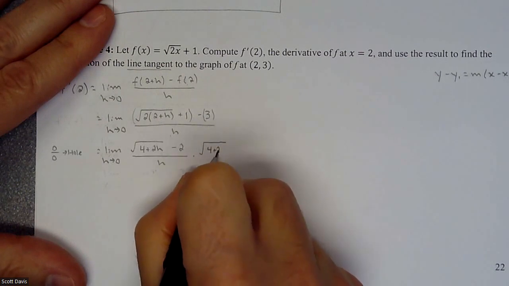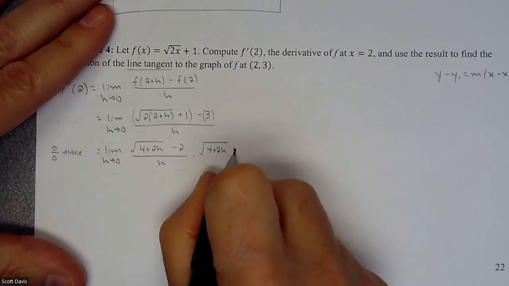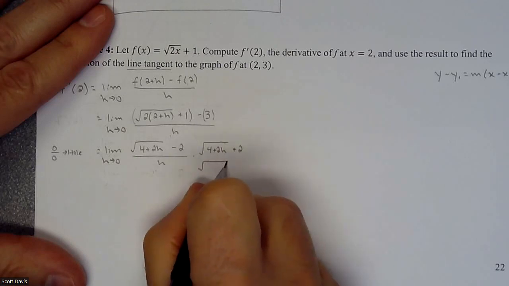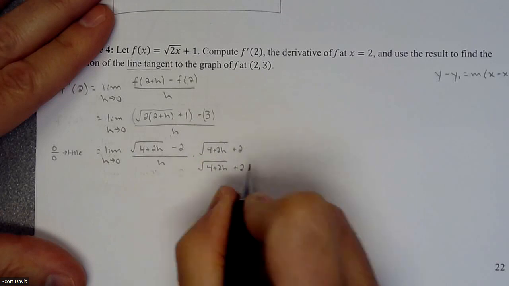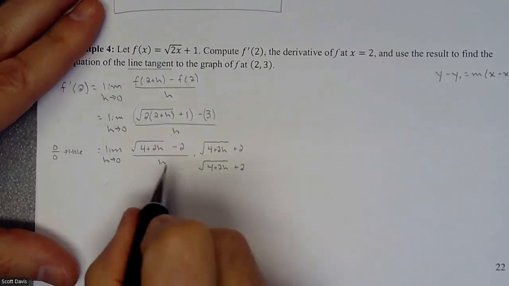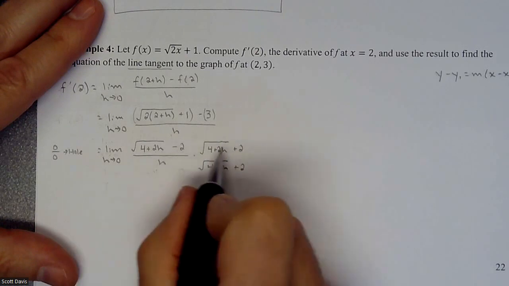So square root of 4 plus 2h, plus 2. All right, so what I won't do is distribute the bottom, but I will distribute the top.